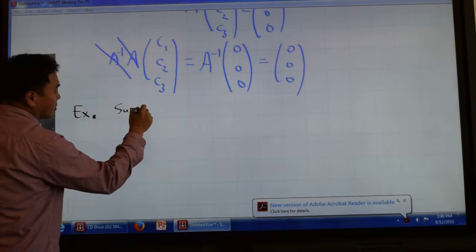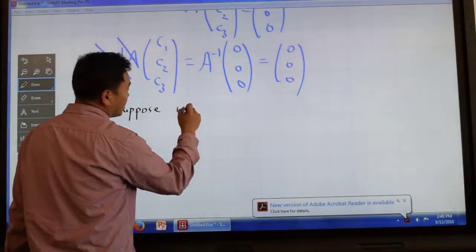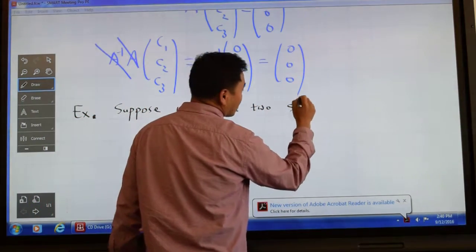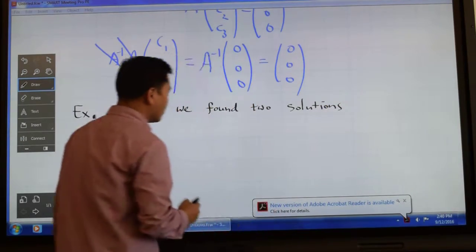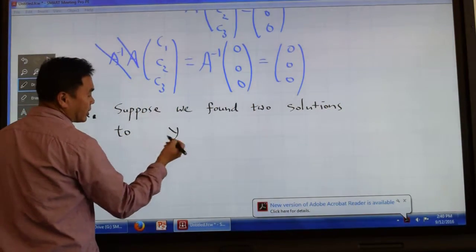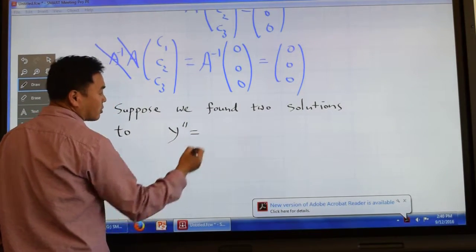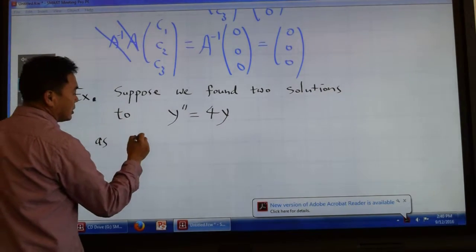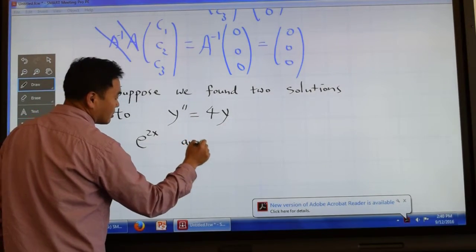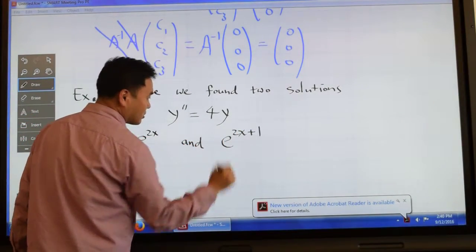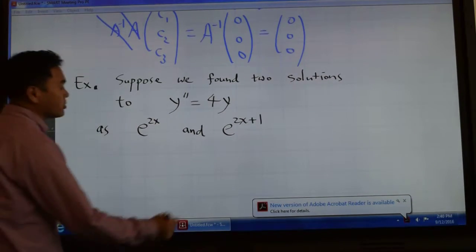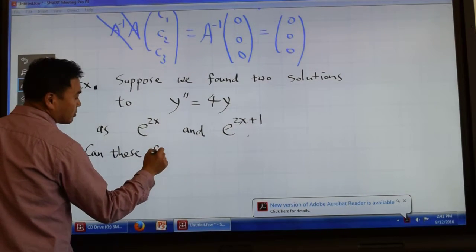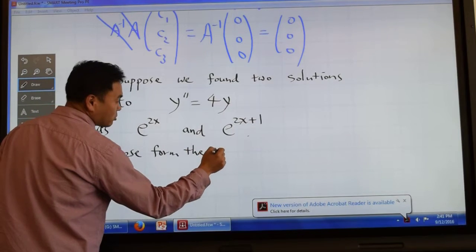Suppose we found 2 solutions to y double prime equals 4y as e to the 2x and e to the 2x plus 1. Question: can these form the general solution?